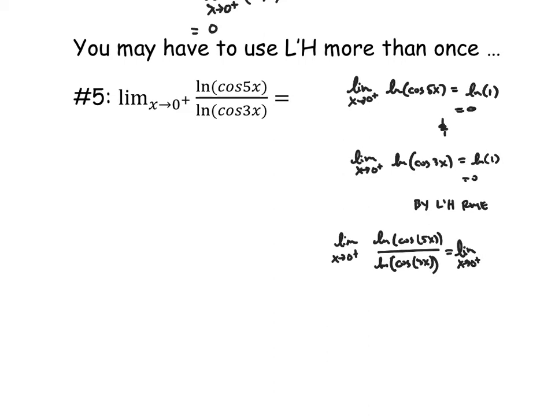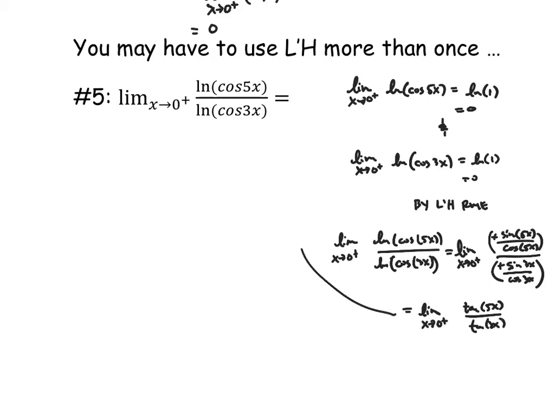So that's going to equal negative sine of 5x over cosine of 5x. Likewise, in the denominator, we'll get negative sine of 3x over cosine of 3x. Now I could write that as the limit as x approaches 0 from the right of, negate the two negatives, which would be tangent of 5x over tangent of 3x.